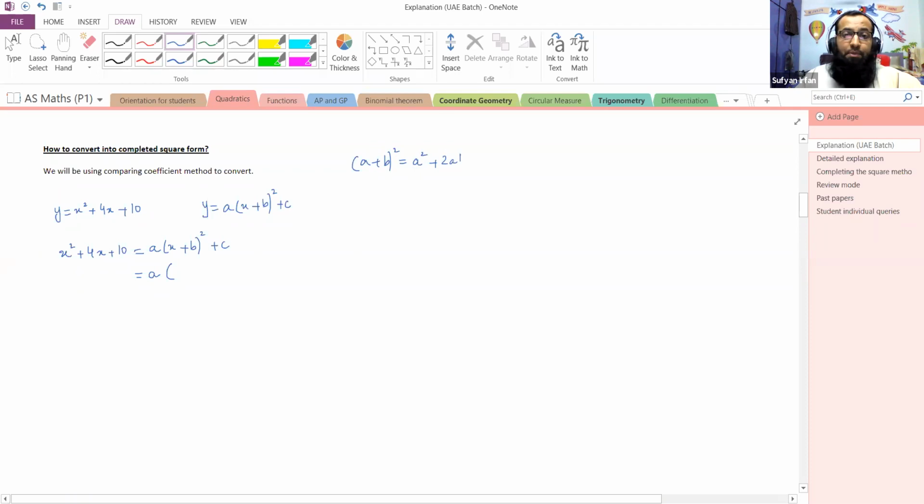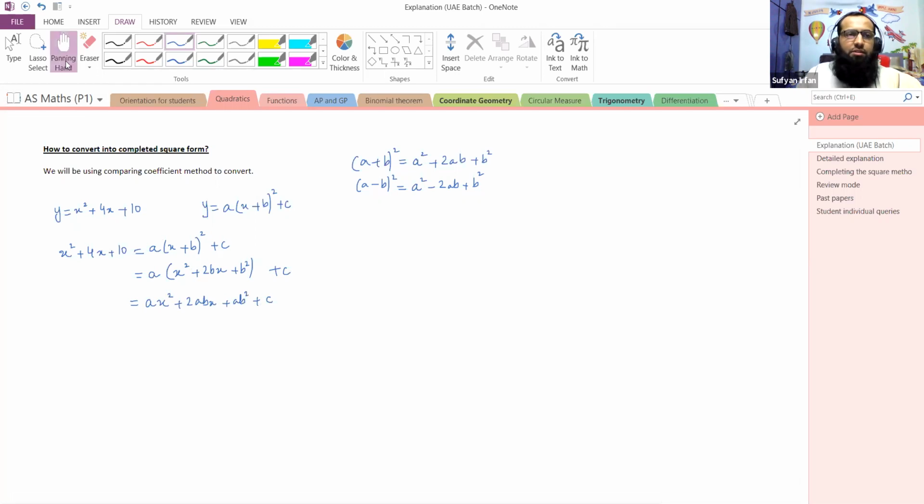However, it is a square plus 2ab plus b square, and (a minus b) whole square is a square minus 2ab plus b square. So over here, we can write a(x square plus 2bx plus b square) plus c. It would then be ax square plus 2abx plus ab square plus c.